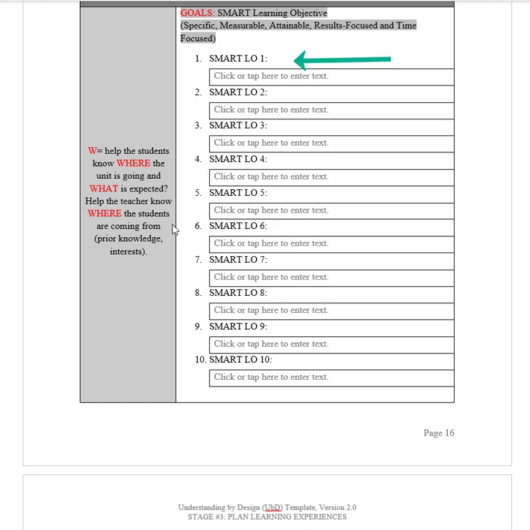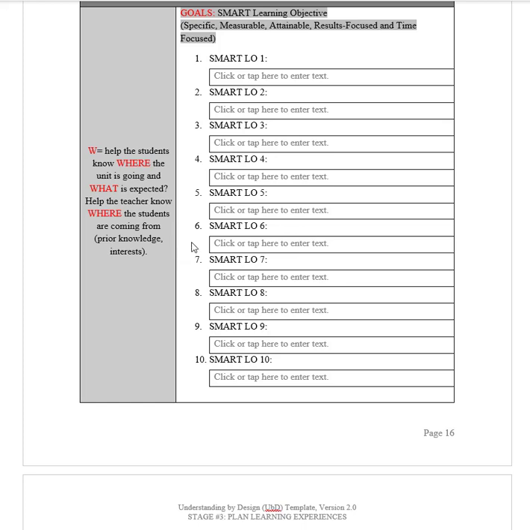SMART learning objectives have to be very specific. They have to be measurable. They have to be attainable. They have to be results focused, and they also have to be time focused. So we're going to write the who, what, where, and why, or the where, what, and why, sorry, with those five things in time.